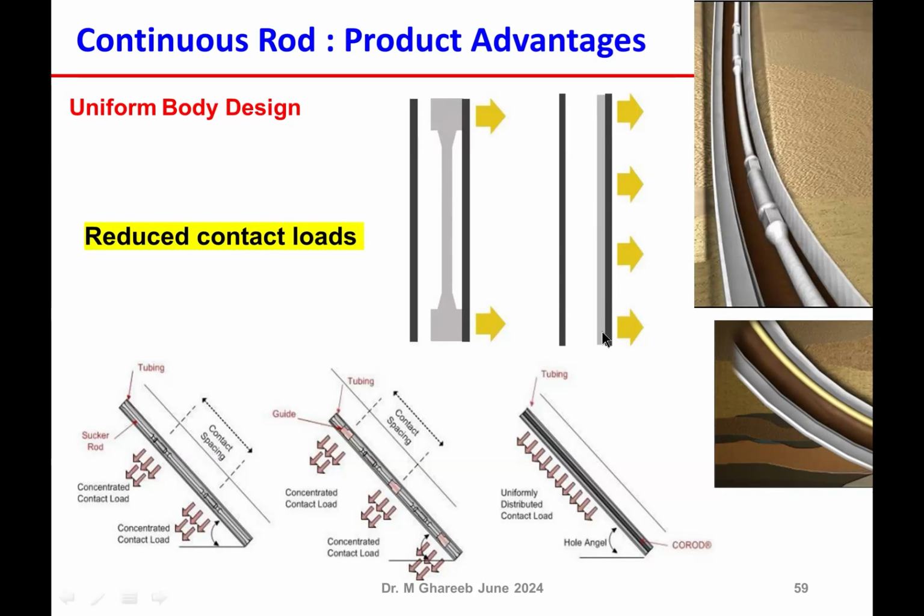Then each point will be subject to only 4 pounds, instead of 50 pounds. Then the running life for the rod and for the tubing will be extended for a long time and so on.